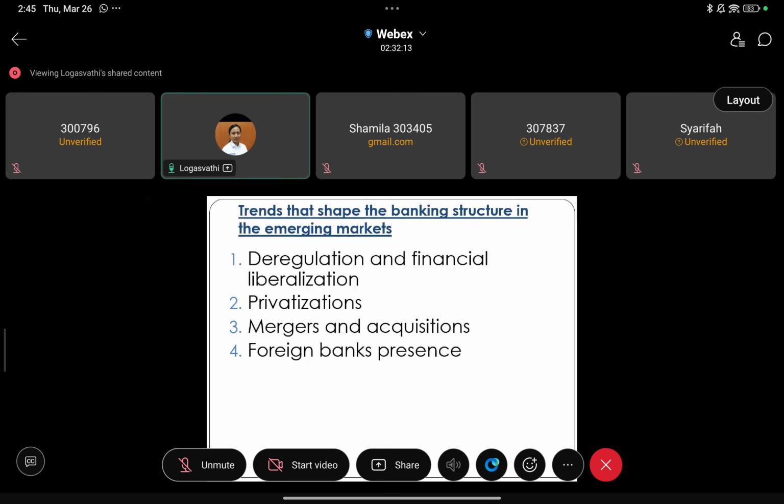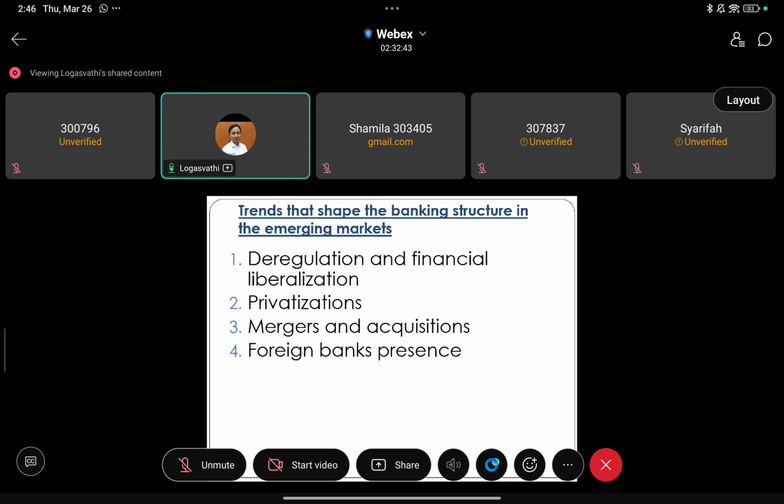China is a special case. Last time, the China banking system was a family-oriented business, and only after they opened their economy did China boom. Now they are very active in merchant acquisition, where the family business becomes a public commercial bank, where the public can also buy shares from these commercial banks.